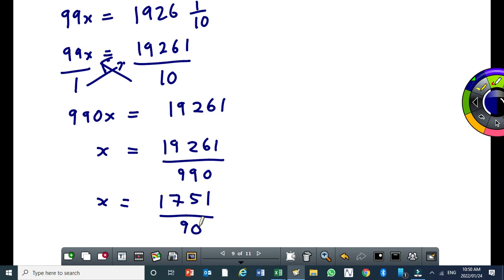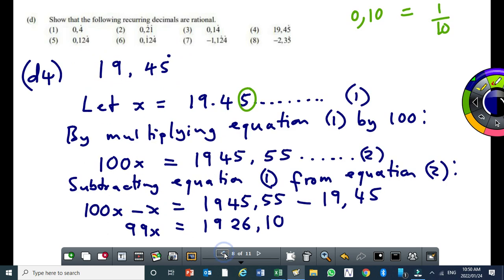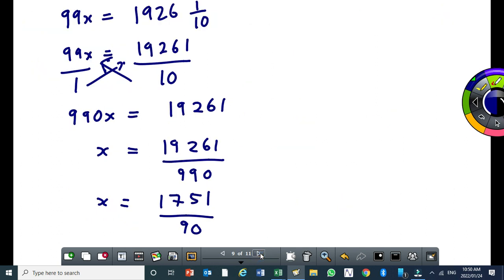What answer are you getting? 19.454. Yes. So you're getting 19.45 recurring, which is the same number we had at the beginning, which is this one. Are you following? Right. So that's what you're expected to do.